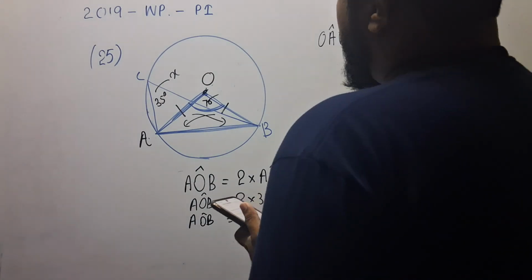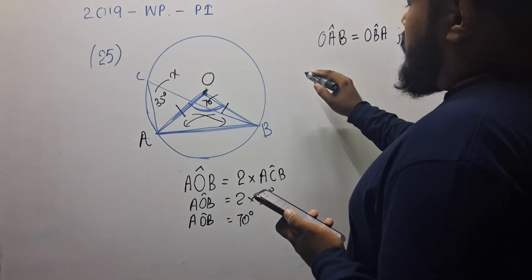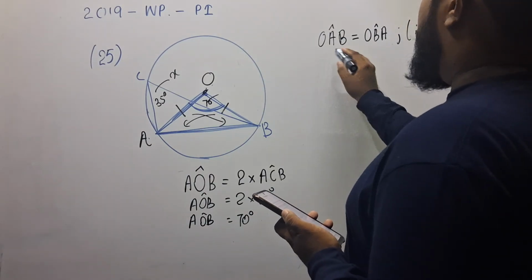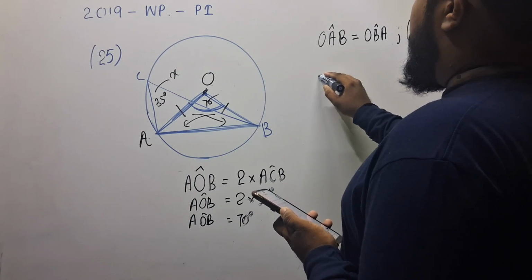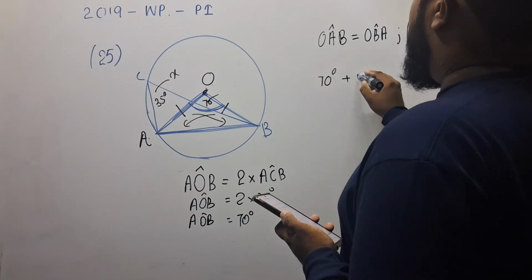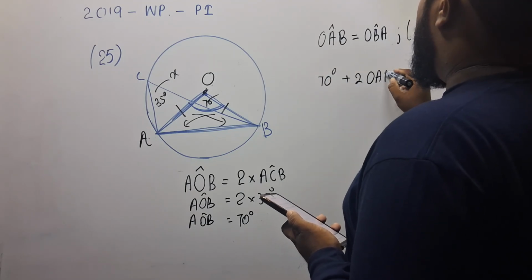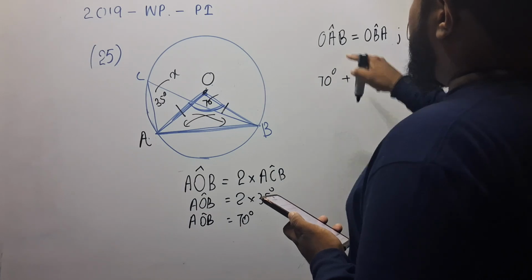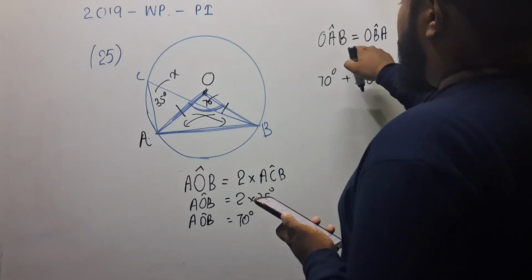So now you have to find OAB using this method. So you can write 70 plus 2 OAB. Why did I write 2 OAB? Because OAB and OBA are equal.